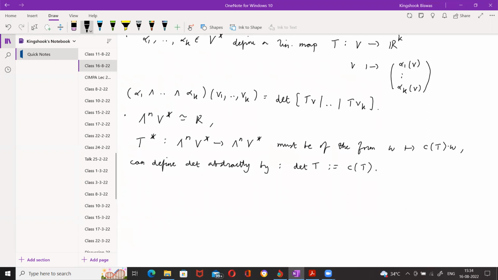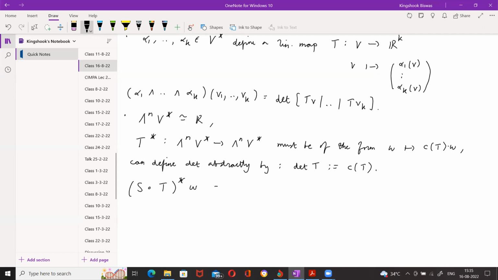Then this will automatically give you that the determinant becomes multiplicative, because if I have two linear maps, S and T, what is S composed with T star of omega?